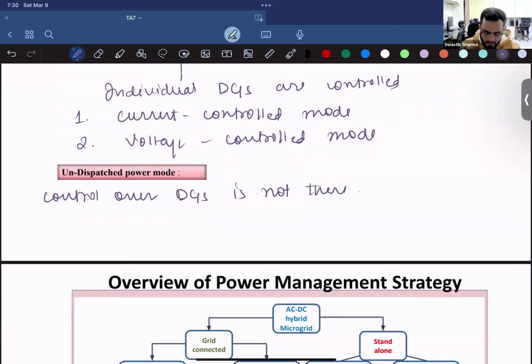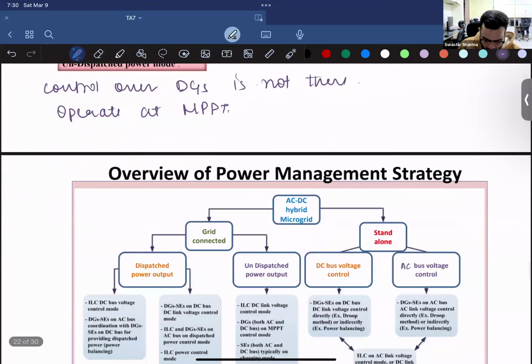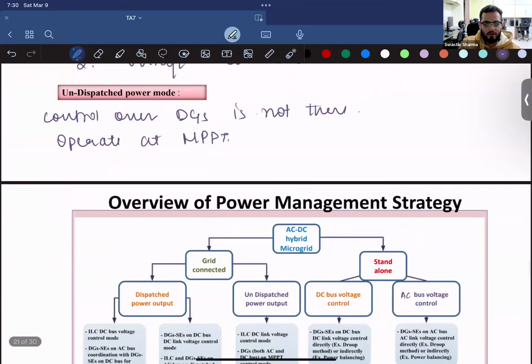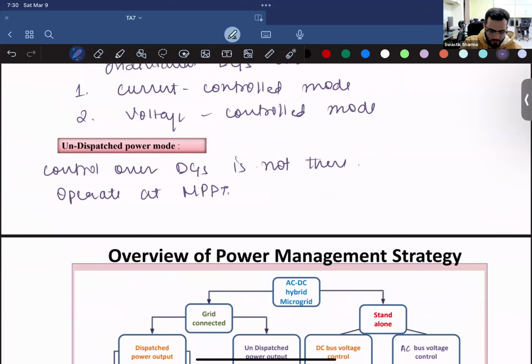So if you don't control anything, you operate at MPPT. If you are operating at MPPT, how are you controlling the inefficiencies in the output power of your DGs?